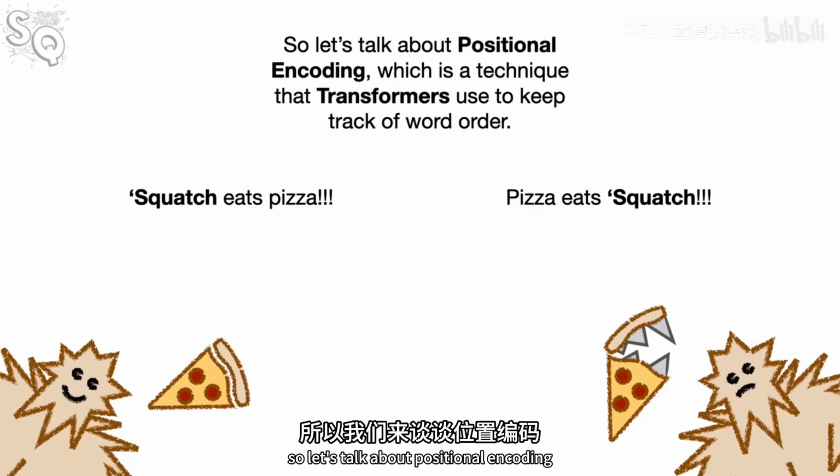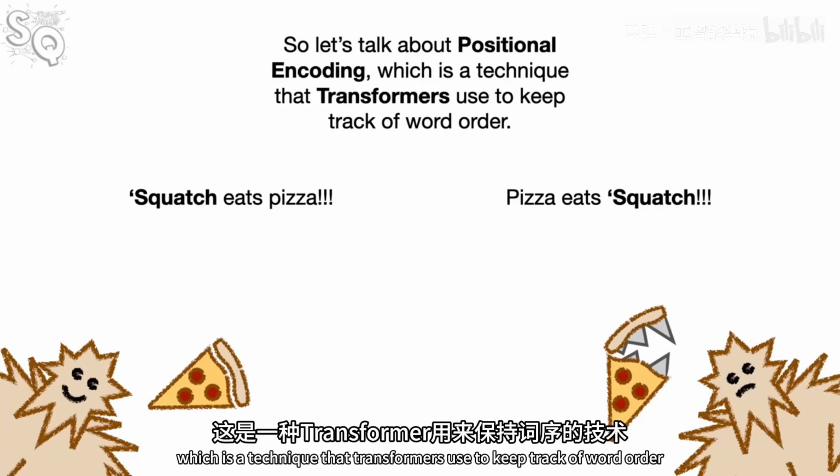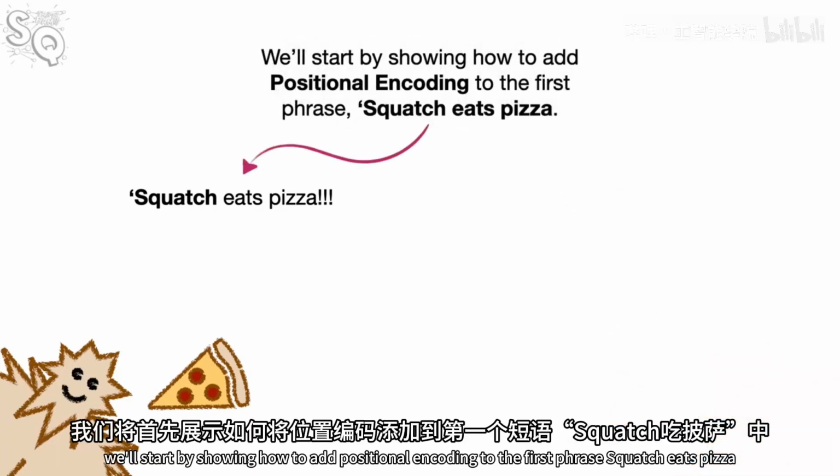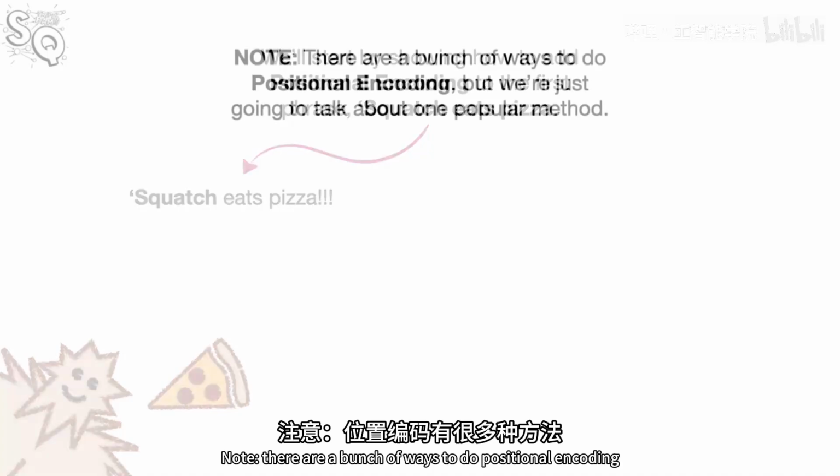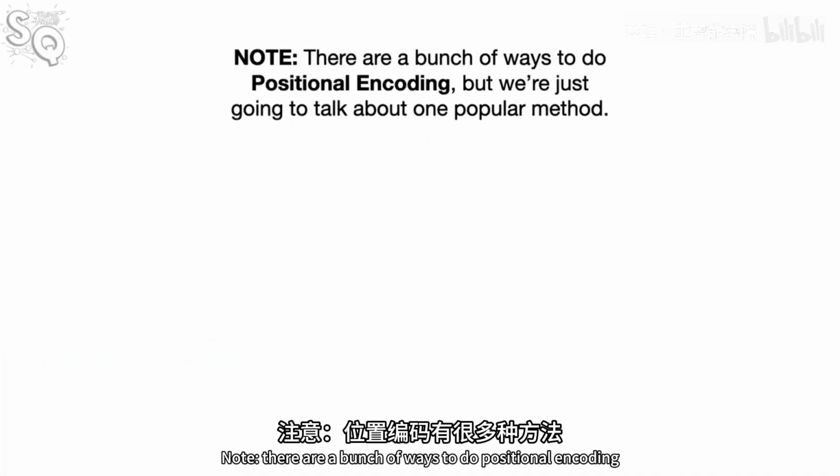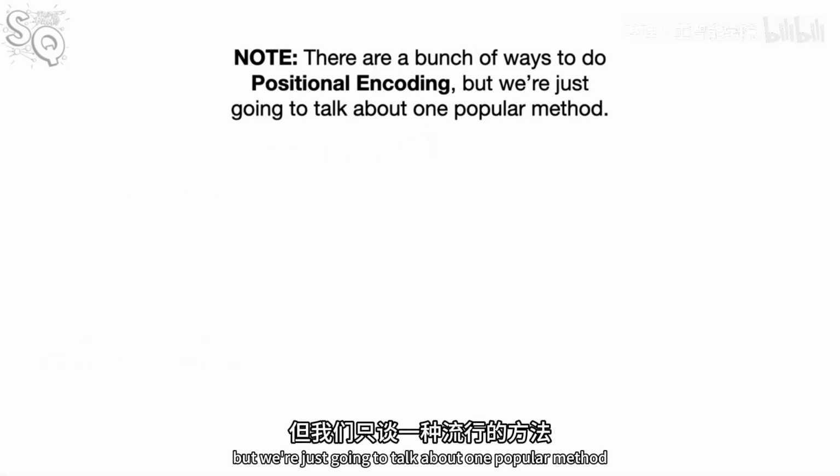So let's talk about positional encoding, which is a technique that transformers use to keep track of word order. We'll start by showing how to add positional encoding to the first phrase, "Squatch eats pizza." Note, there are a bunch of ways to do positional encoding, but we're just going to talk about one popular method.